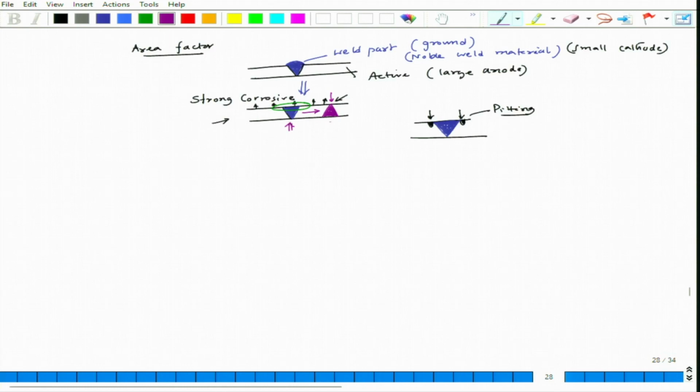If you compare these two, this will have a high degree of local corrosion around the weld in the active component.